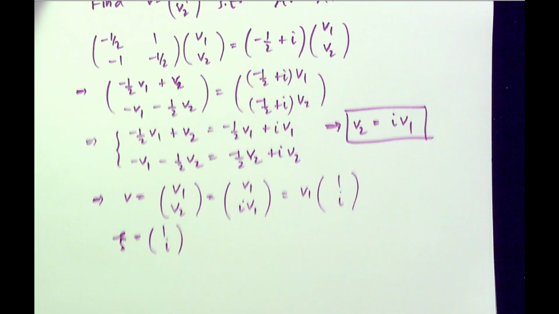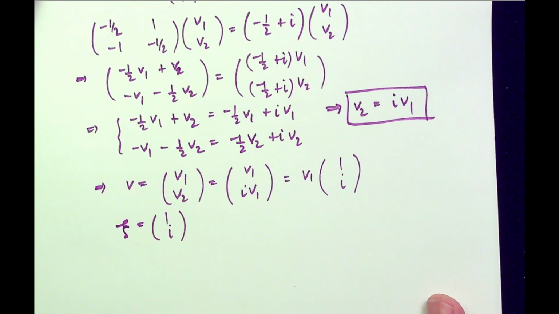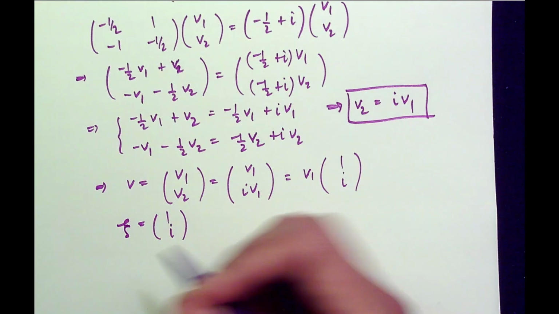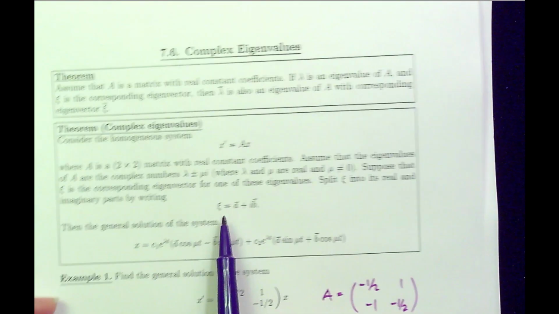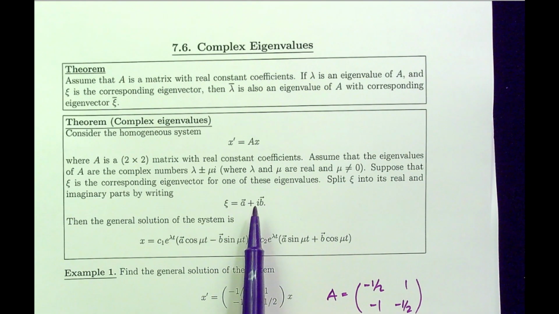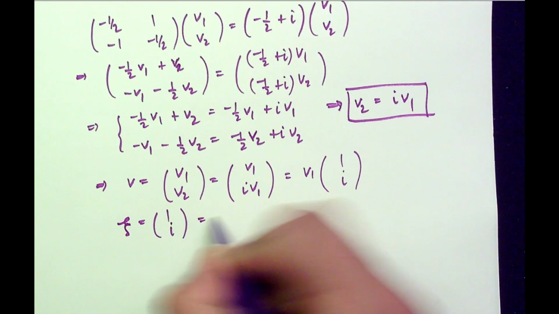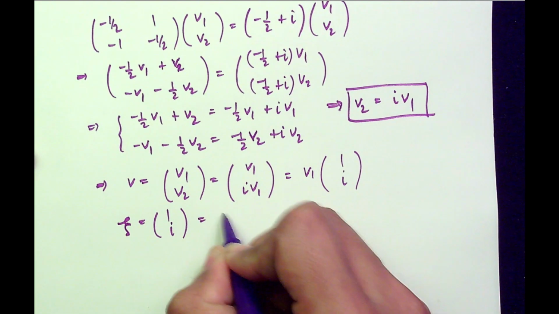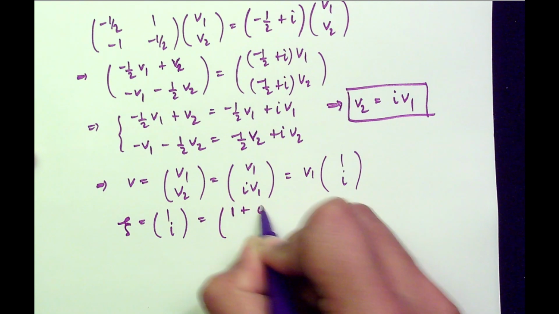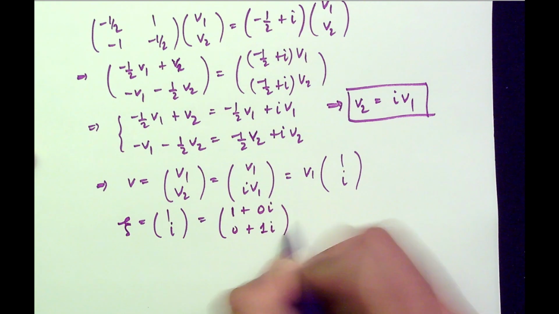Okay, and now one more step and we will be ready to write down the general solution. The last step is to take that psi and split it into the real and imaginary parts. Then you can immediately apply the formula. So splitting that up, this is 1 plus 0i, this is 0 plus 1i.